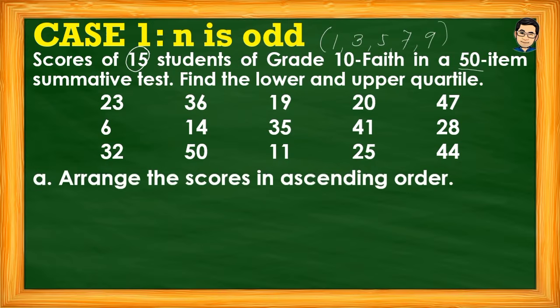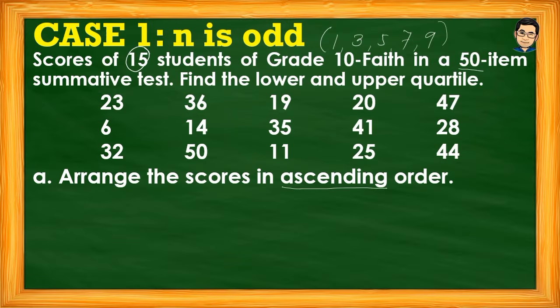In solving quartiles, deciles, and percentiles, the first thing that we need to do is to arrange the scores in ascending order. What is ascending? Pataas. We start with the lowest value up to the highest value.